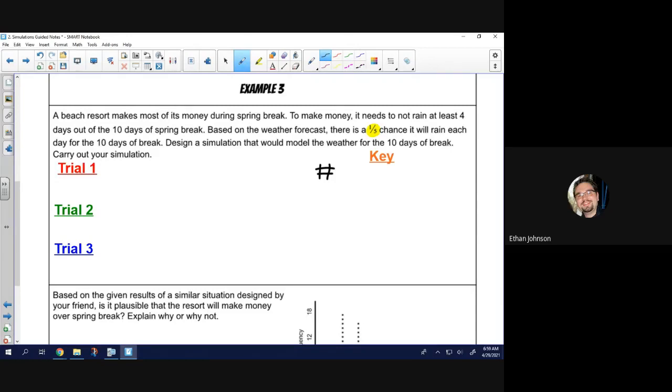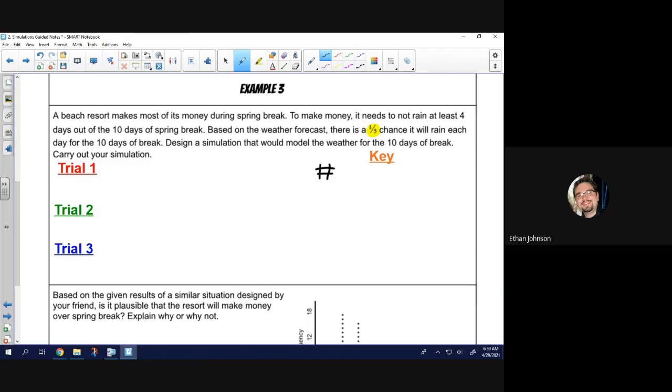So the bottom of a fraction, in this case, when it's talking about a fraction chance, tells us the number of numbers we are having to use. Now, we could say numbers 1 through 5 in this case, but that 1 through 5 has 2 options. 1 through 5 would either be dealing with rain and not rain.